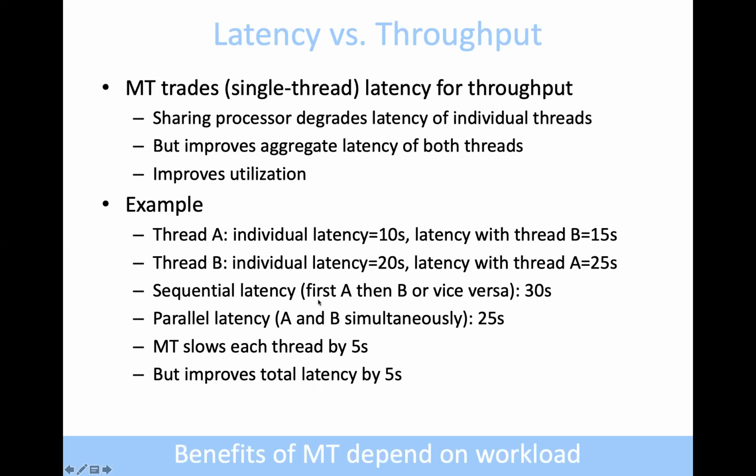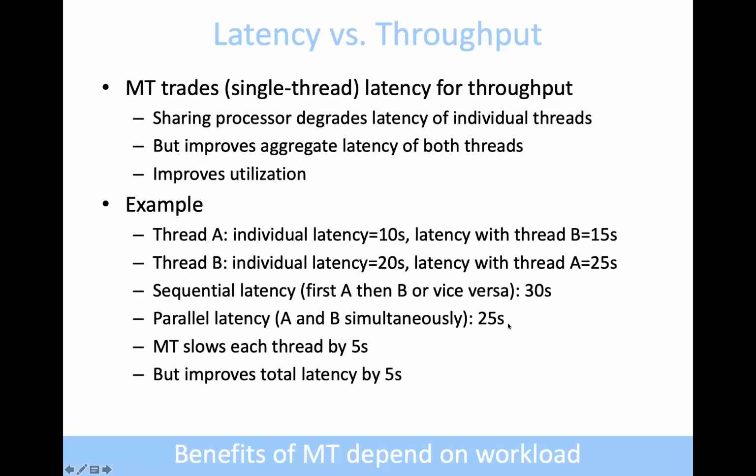If you consider them sequentially, you executed A first and then B, or vice versa, it would be 10 plus 20, so the total time for execution is 30 seconds. If you executed them simultaneously, your total time is the maximum of the two, so it's 25 seconds.